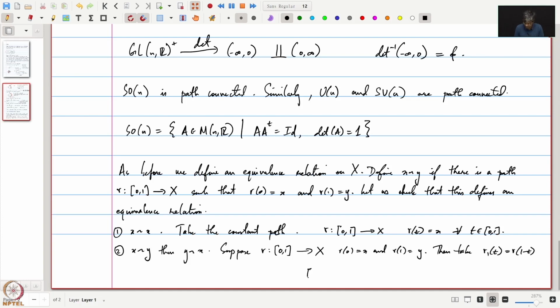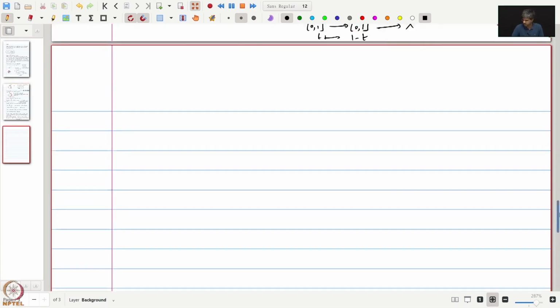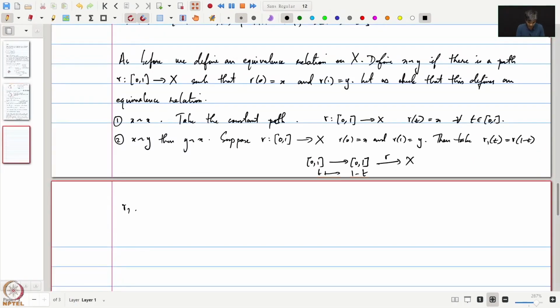So gamma 1 is the composite of the map t goes to 1 minus t from [0, 1] to [0, 1], which is obviously continuous, followed by gamma. So gamma 1 is a path from Y to X.